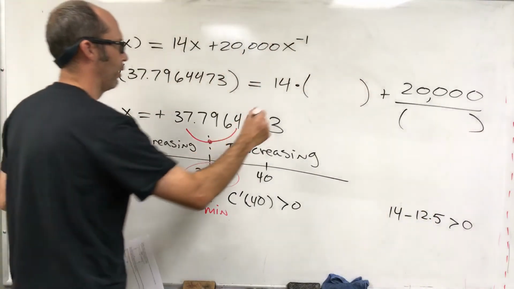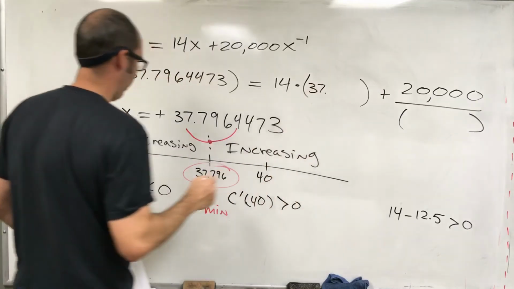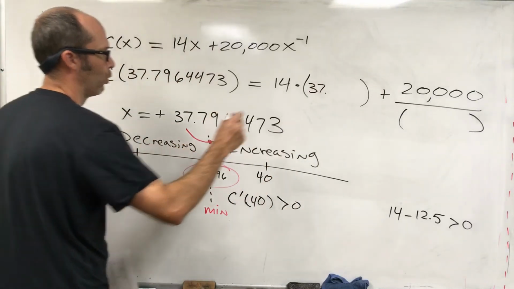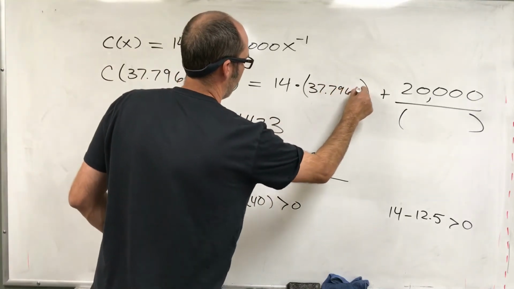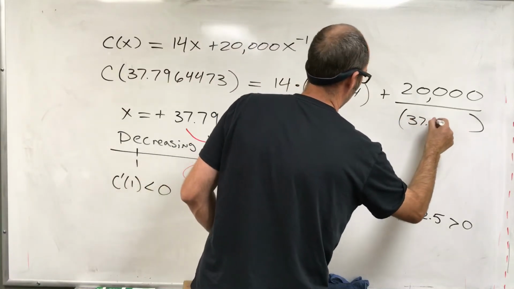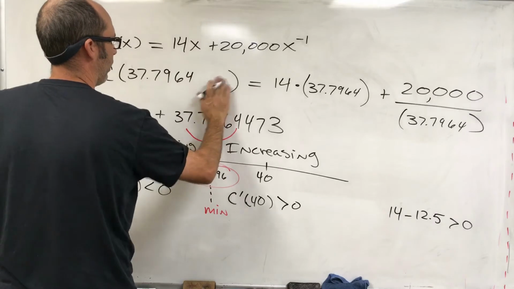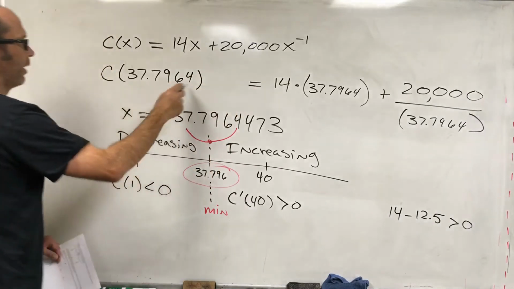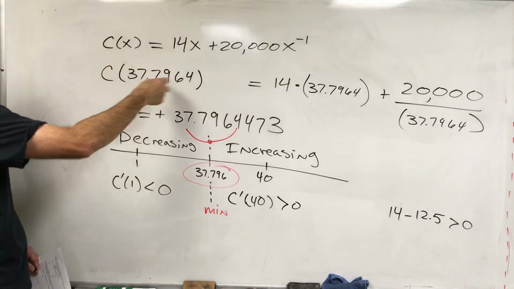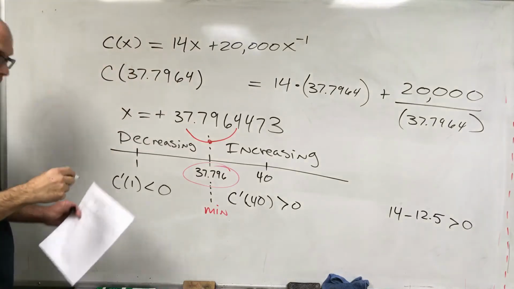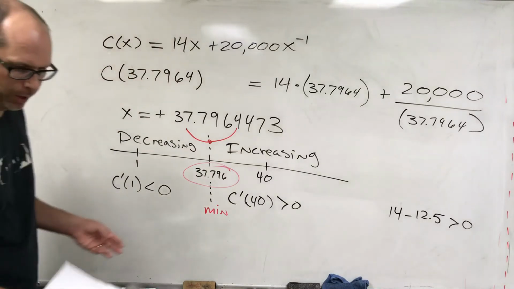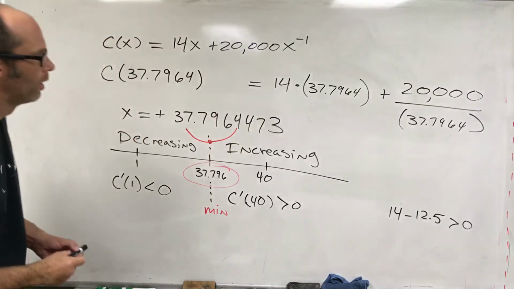Let's say 37.7964. That's certainly enough decimal digits to round to the nearest dollar.